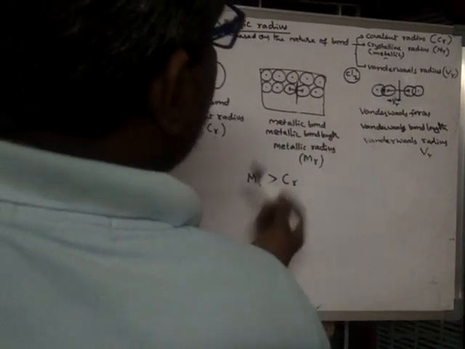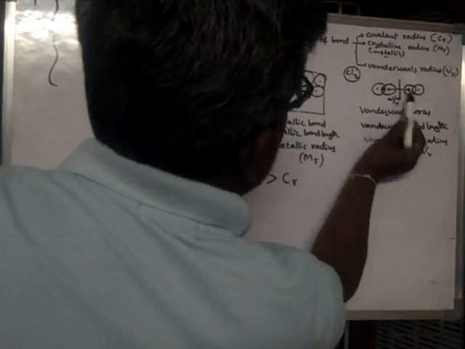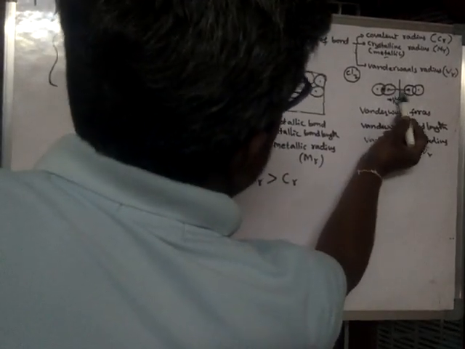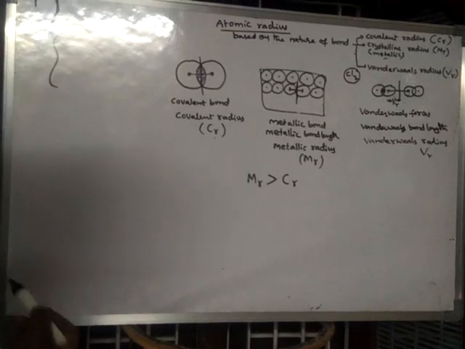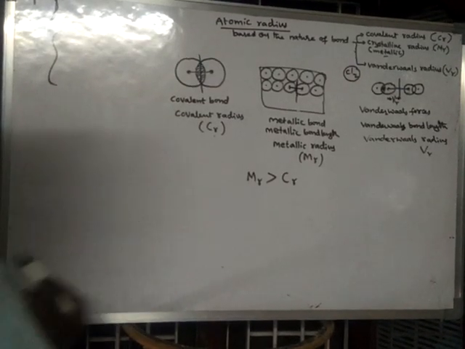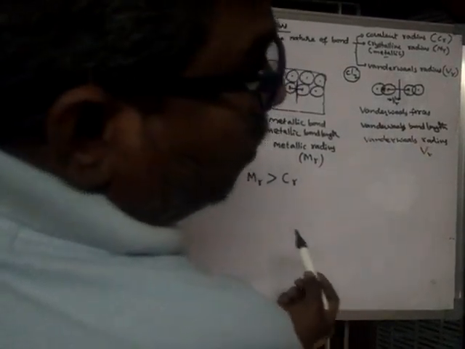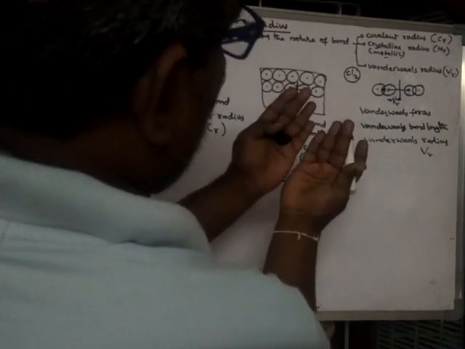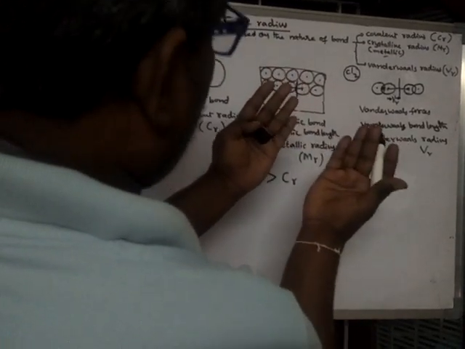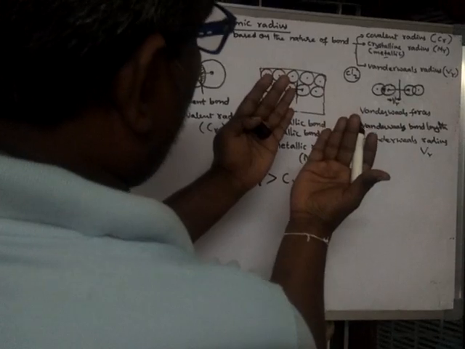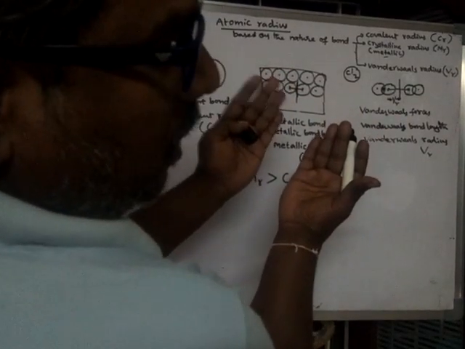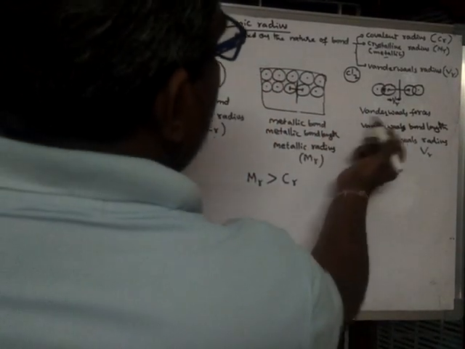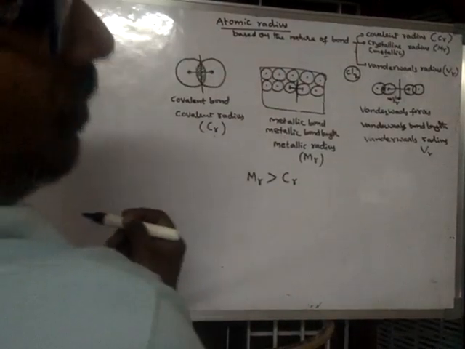So which one is greater? See, look here, these atoms are not touching. There is a gap between the atoms as the force of attraction is weak. They are brought very close together, but they are not touching each other in case of Van der Waals force of attraction.